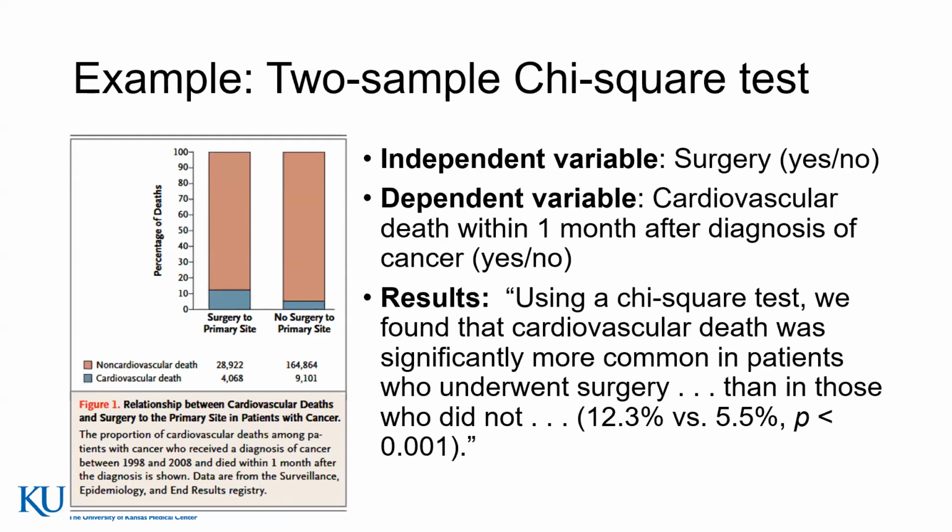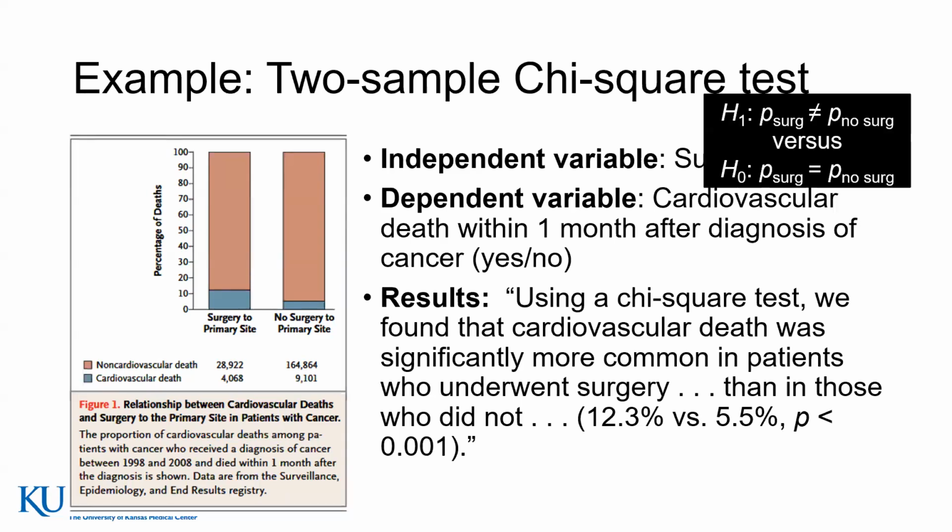So the comparison groups are based on the surgery status, and then the outcome, which here is death, is categorical. So here the chi-squared test compares the observed versus expected frequencies of cardiovascular death between the surgery group and the non-surgery group.